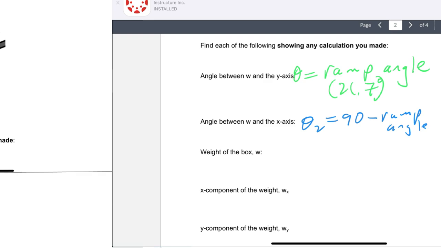Okay, what's the weight of the box? The weight of the box is the mass in kilograms times the g that you're given. Now, for me, it's 10. For you, it's whatever they gave you on the front page.